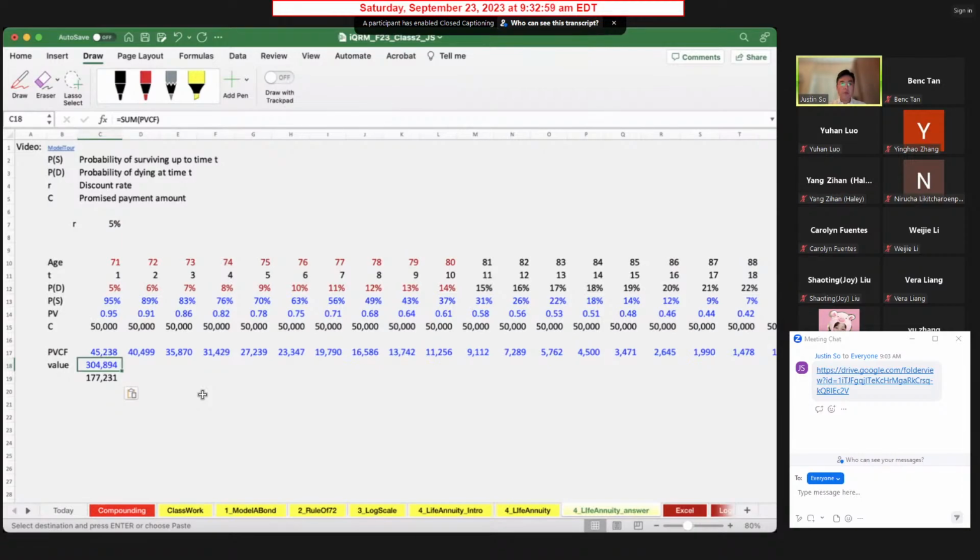So the price of this product, the life annuity, should be much higher. So it can be sold at $304,000 now. Okay, so that is the life annuity case.